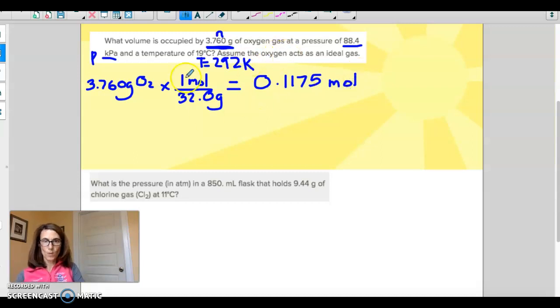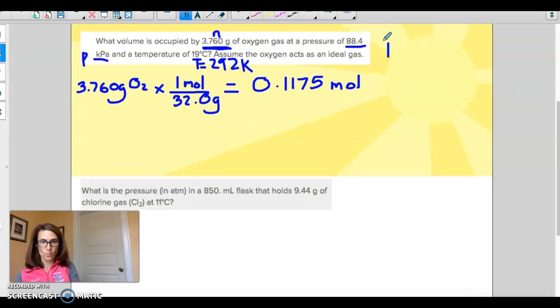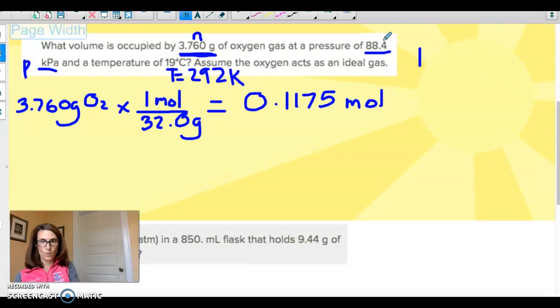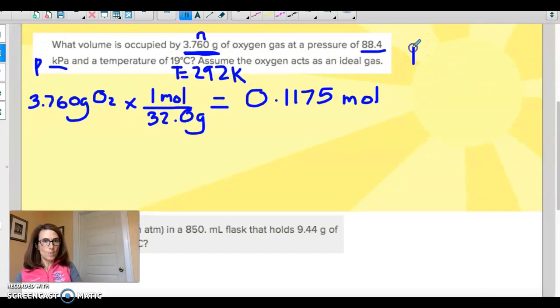All right, so we're going to use our PV = nRT. I keep shrinking my screen. So PV = nRT, and if we're solving for volume, we basically divide both sides by P to get volume by itself. Right. That way we can cancel P on this side.